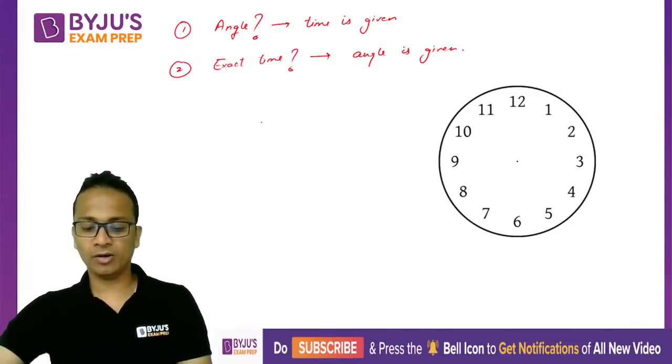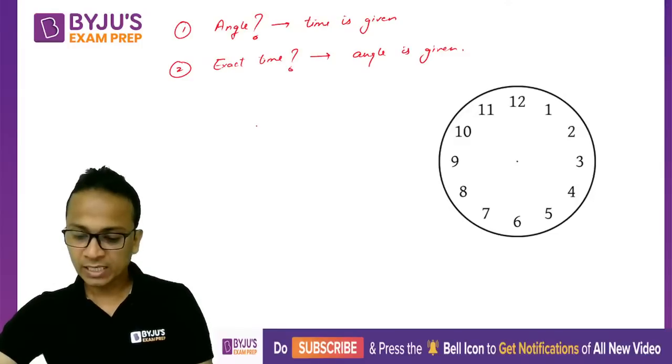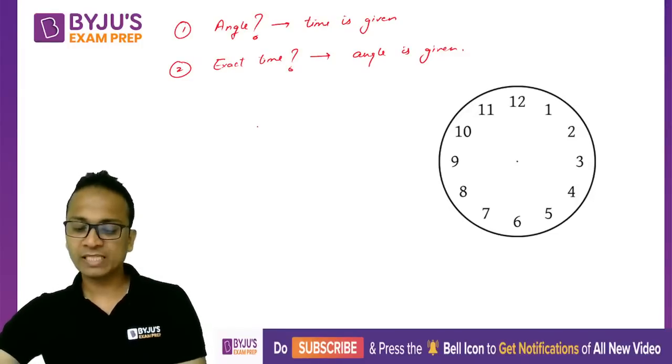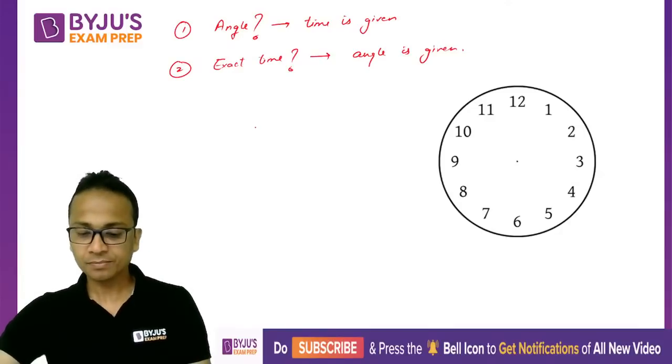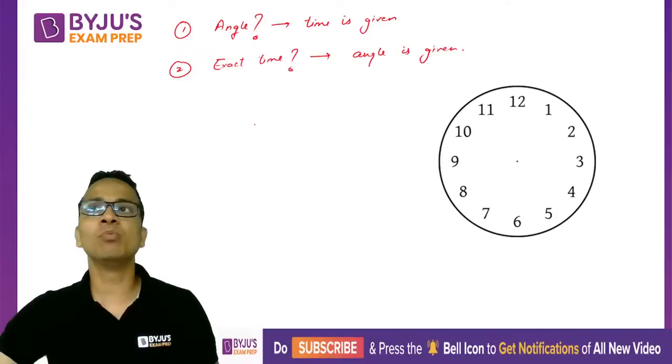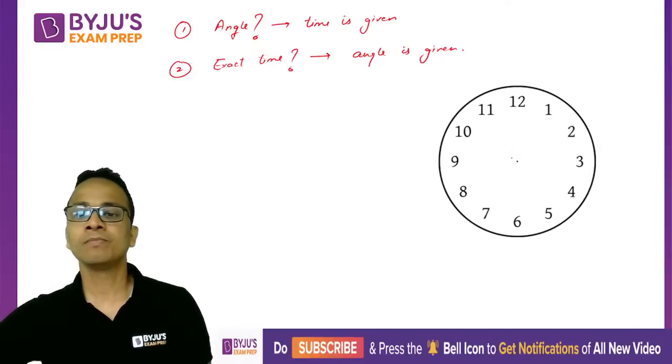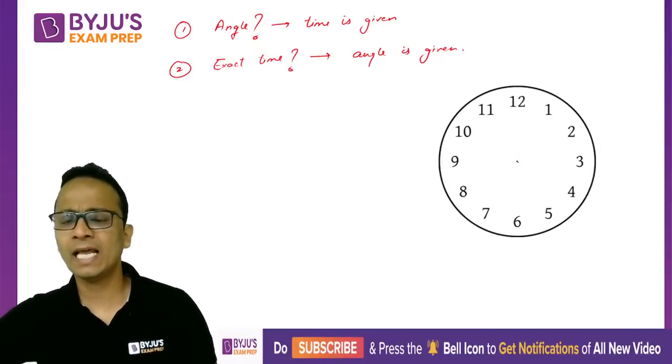Aishwarya, you're asking, can you explain reflex angle? So reflex angle basically is the angle which is more than 180 degrees. Let me give you an example.